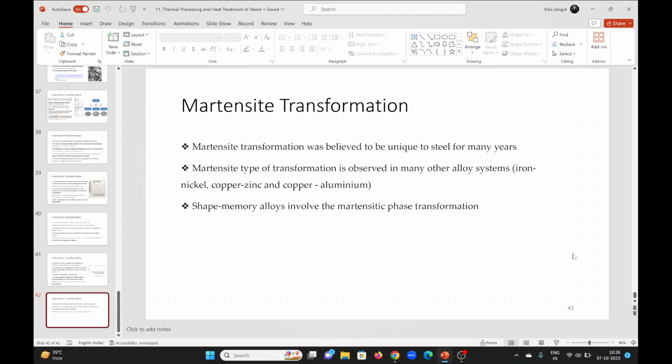So austenitic steel is also there, martensitic steels are also there, and dual phase steels are also there. It depends on what type of alloying elements you are using. But in plain carbon steels, where only carbon is present and alloying elements are not up to a very high percentage, it will be in the form of ferrite and cementite.